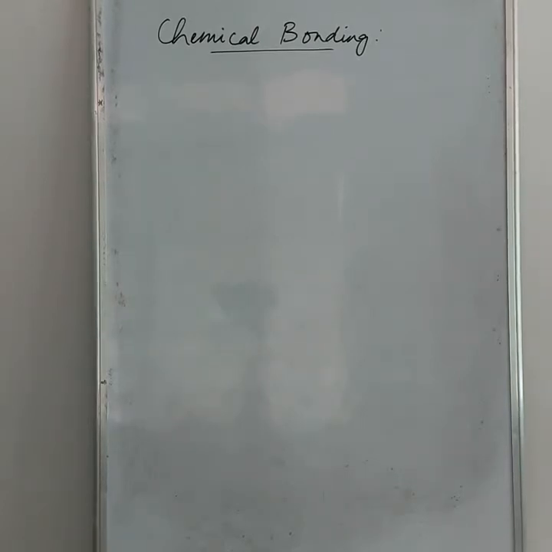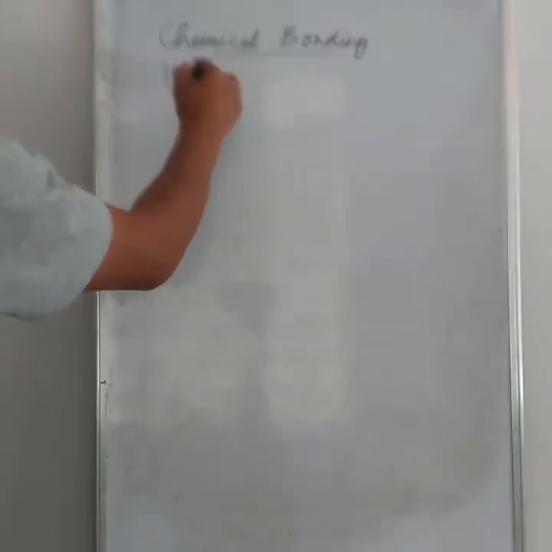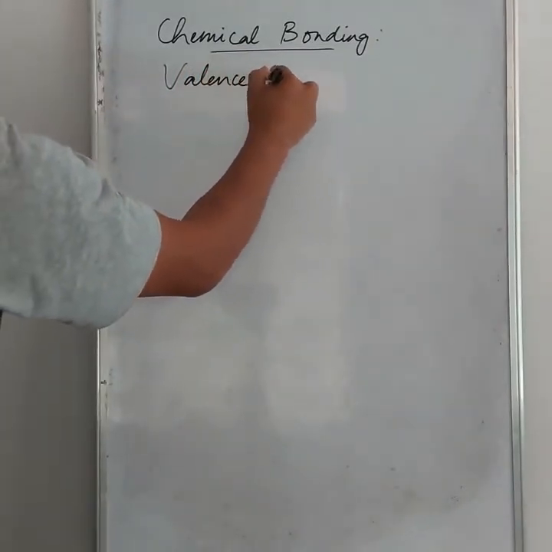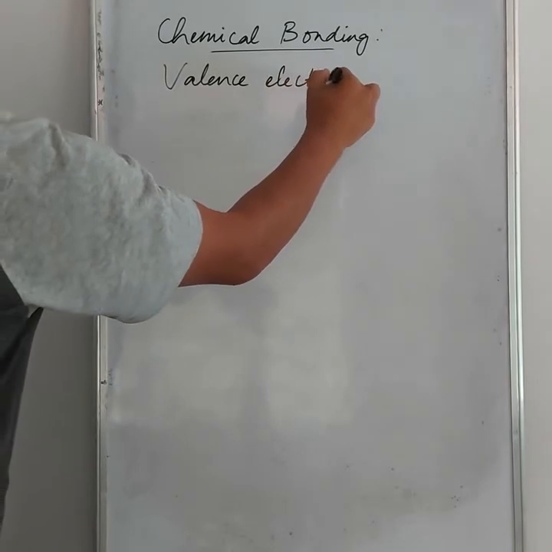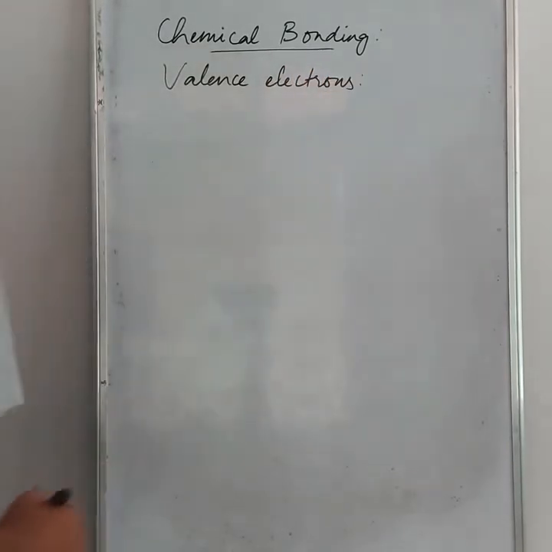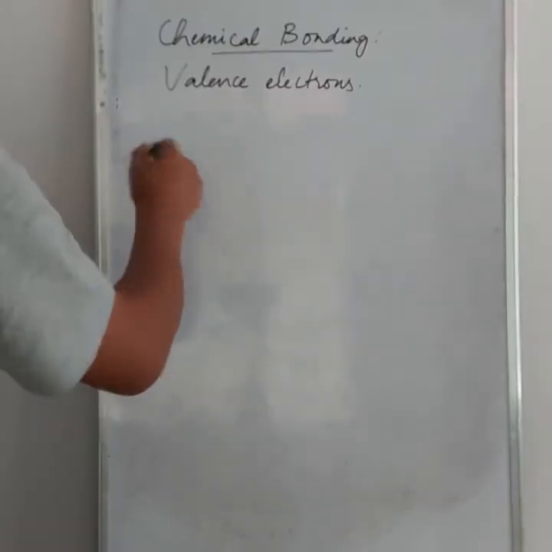Now, to start with, what are valence electrons? From the previous chapter, we know how to write the electronic configuration for various elements. Suppose, for example, carbon.